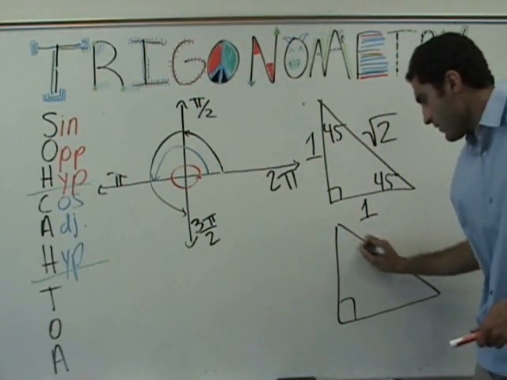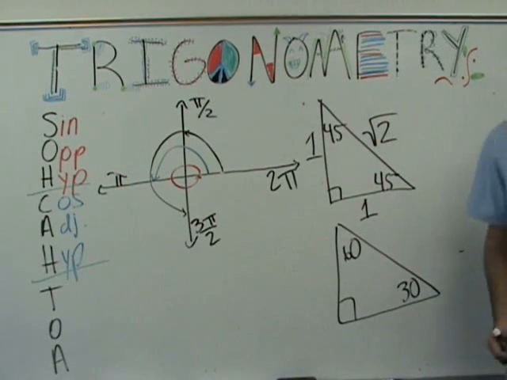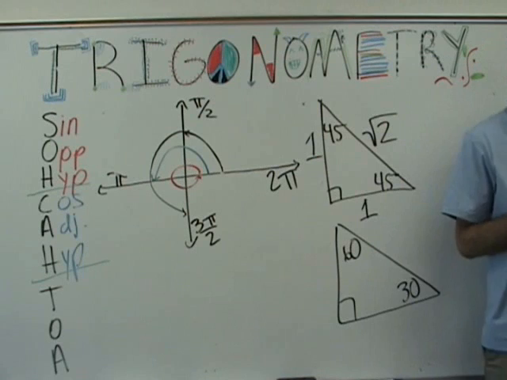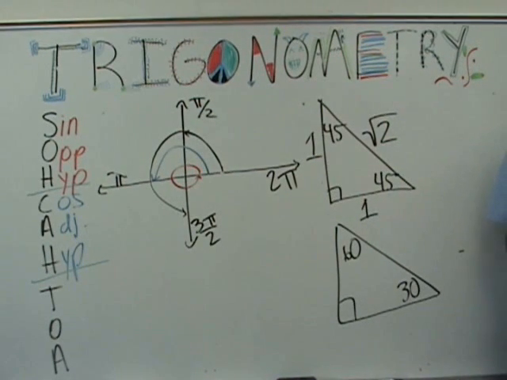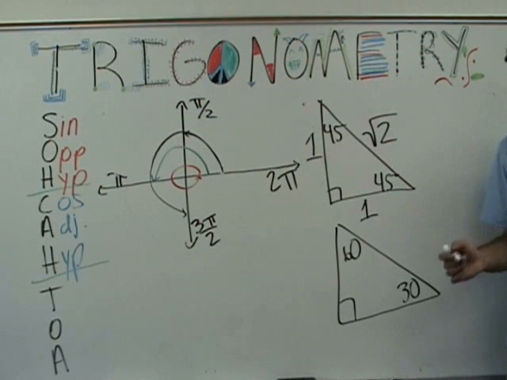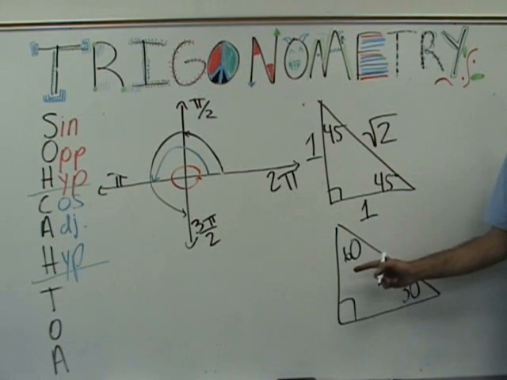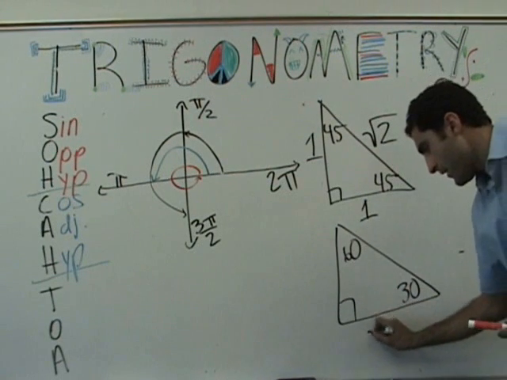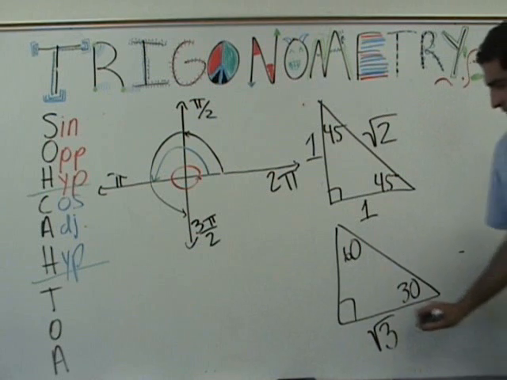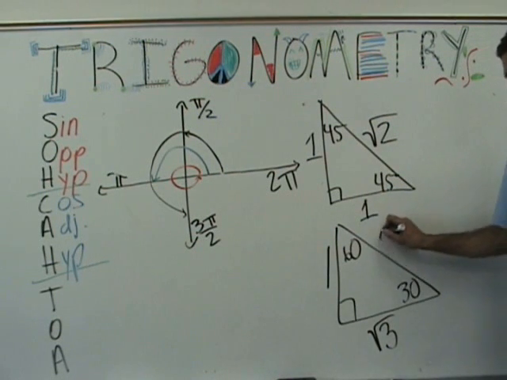Now let's do 30, 60, 90. Smallest possible numbers for the 30, 60, 90. Anyone? Next to the 30 is root 3. Across from the 30 is 1, and the next one is 2.